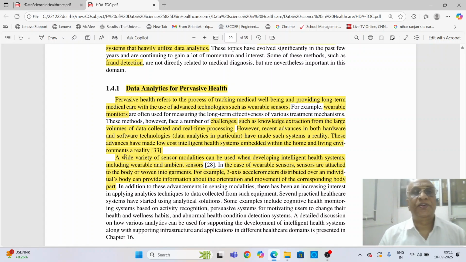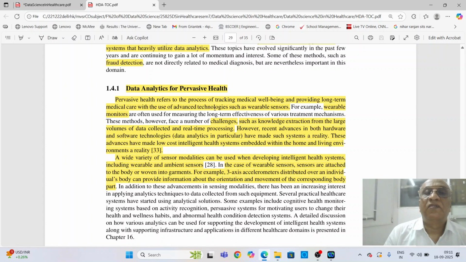Coming to the applications mentioned in this book, the first application being mentioned is data analytics for pervasive health. What is pervasive health? Tracking medical well-being and providing long-term medical care with the use of advanced technologies such as wearable sensors, wearable monitors also.